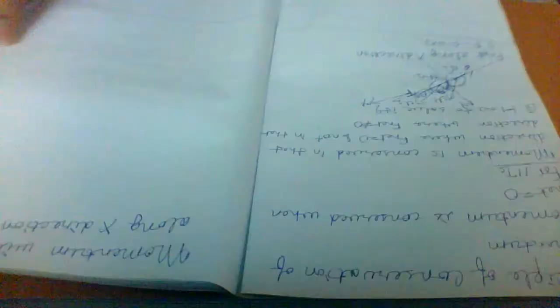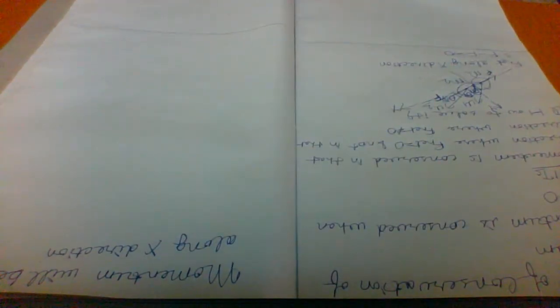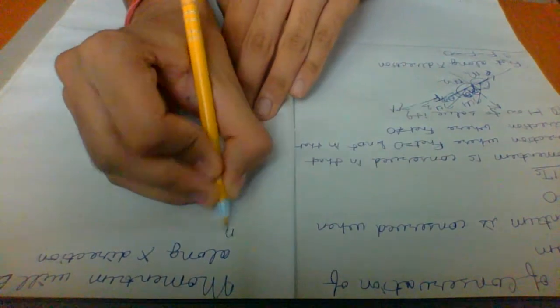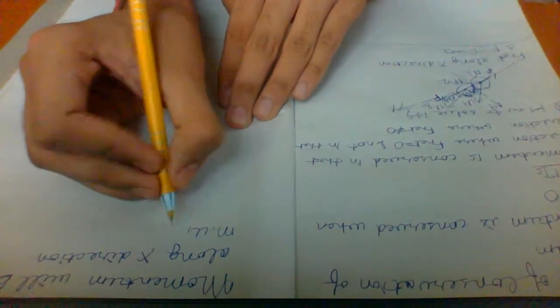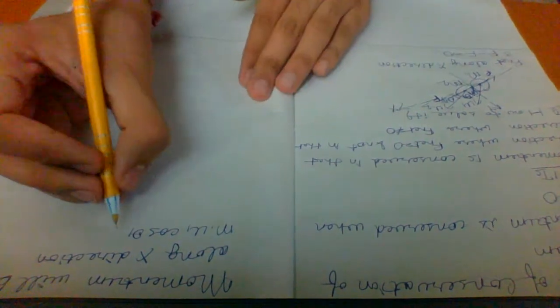Now let's take a recap of the previous figure. Here, this component is m1 u1 cos theta 1 and this component is m2 u2 cos theta 2.